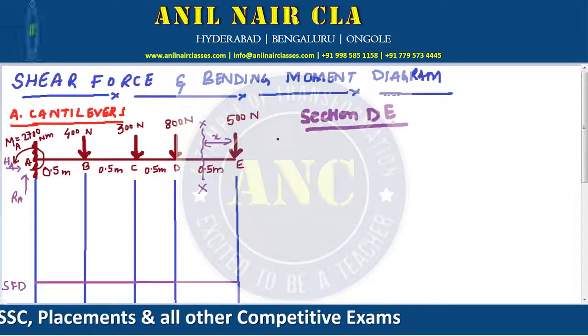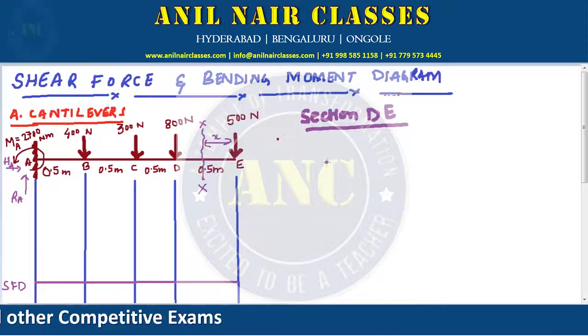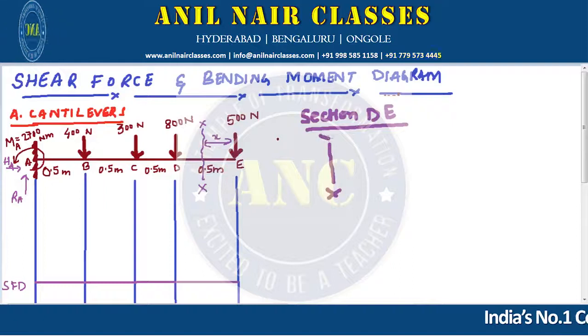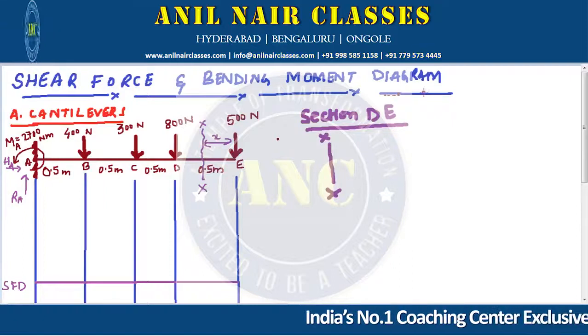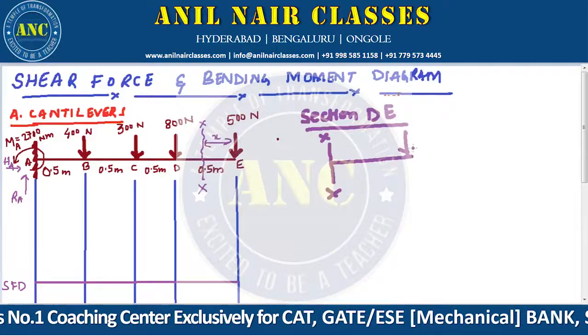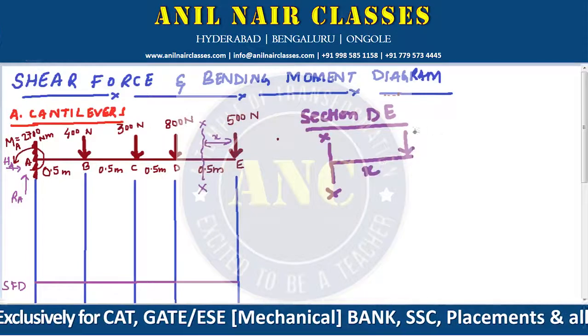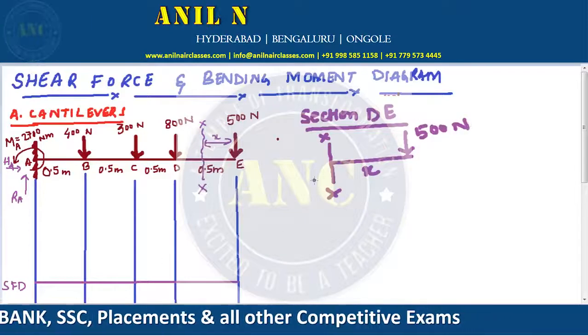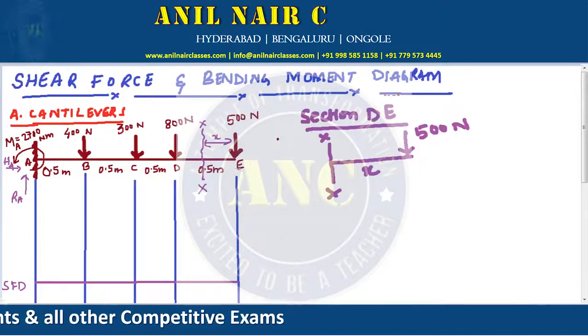See, in the section DE I'm taking, this is the section I have cut. Section means, assume I have cut there. I cut a section at a distance of X from the load 500 newtons. Okay, this is how it looks actually, correct?